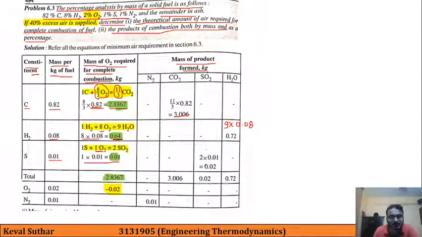For sulfur, it is 2 times, that is 2 into 0.01, so we get 0.02. So the total value of CO2 is 3.006, SO2 is 0.02 and H2O is 0.72.